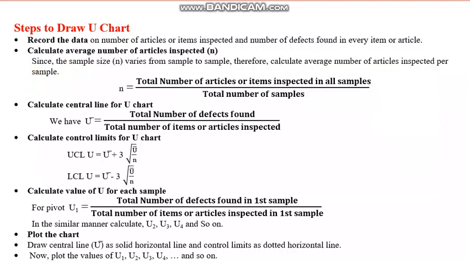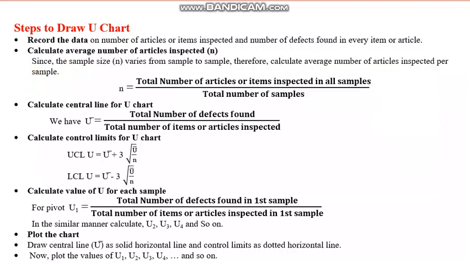Then you calculate the upper control limit and lower control limit using this formula, and you have to calculate the value of u for each sample.